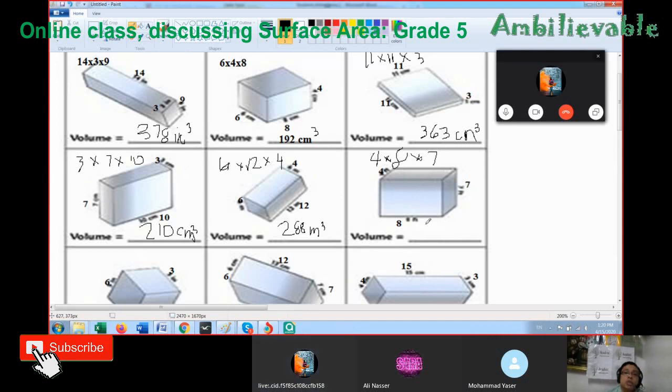So what is 32 multiplied by 7? The answer is 224. 224 meters cube. Okay?